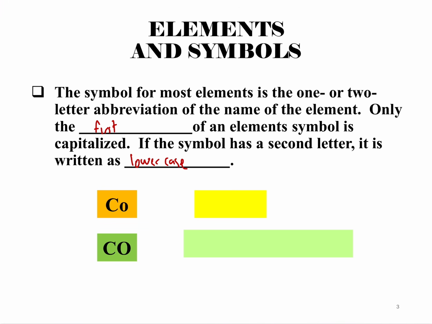and it's not capitalized. And so, for example, we have 2 different symbols here, and they actually mean 2 different things in chemistry. C, capital C, and lowercase o. This represents the element cobalt, right? Where uppercase C and uppercase O, this represents the molecule carbon monoxide, which you guys may have heard is a toxic chemical if we breathe it in.